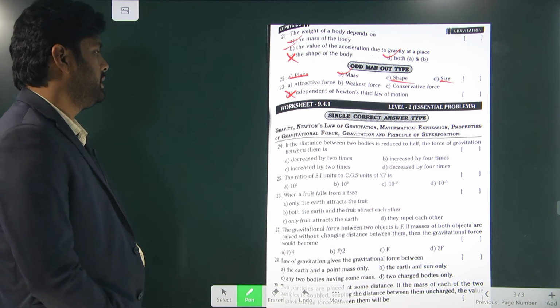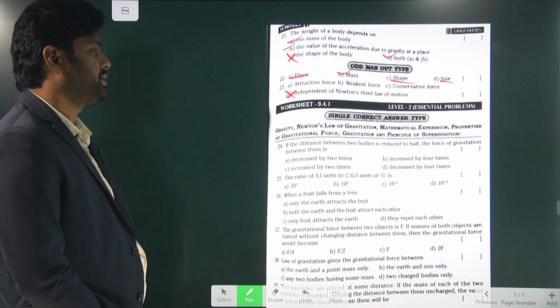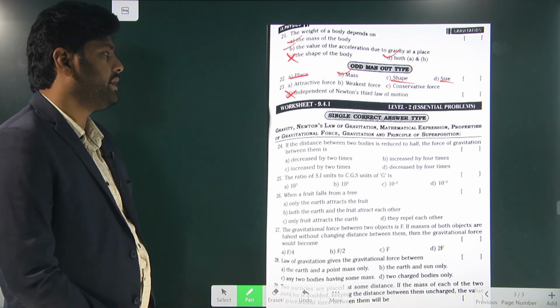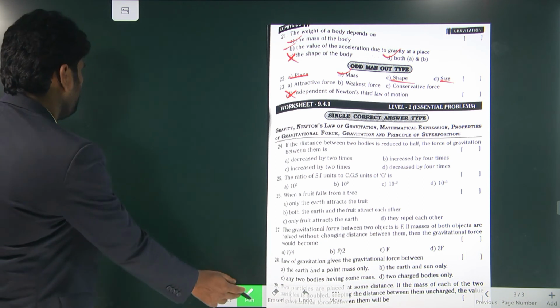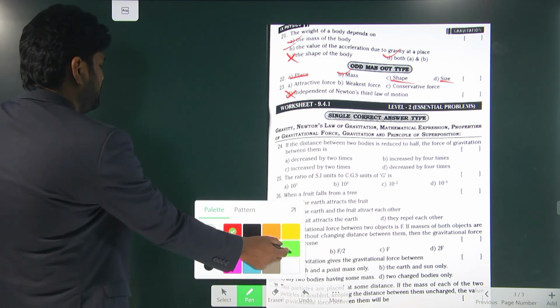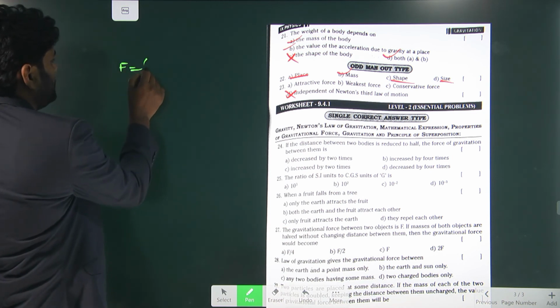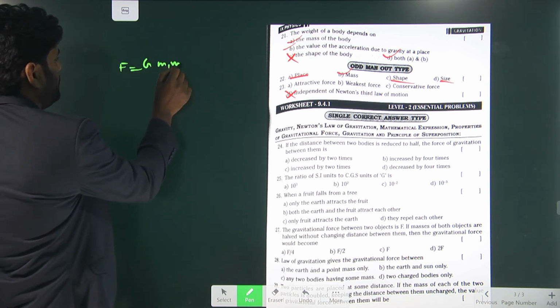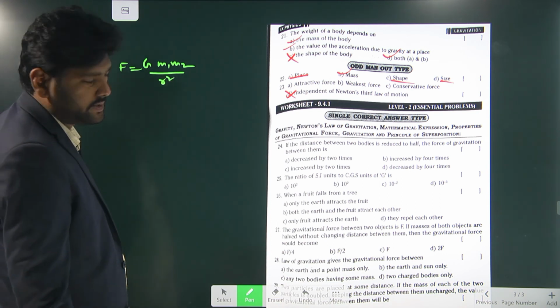And the next, if the distance between the two bodies is reduced to half, the force of gravitation between them. You can use the formula for solving this problem: F is equal to G m1 m2 by r square is the force between the two masses.